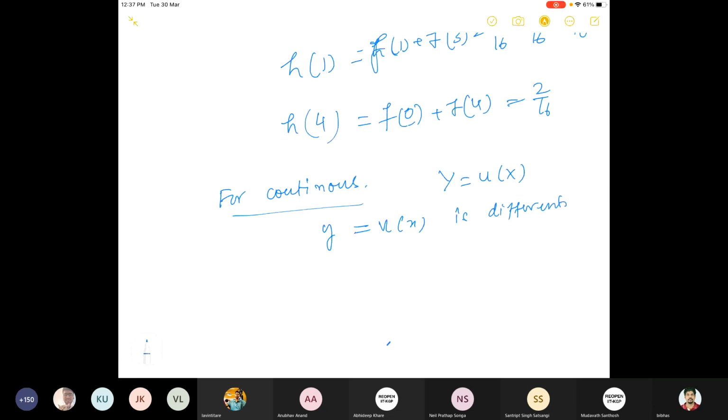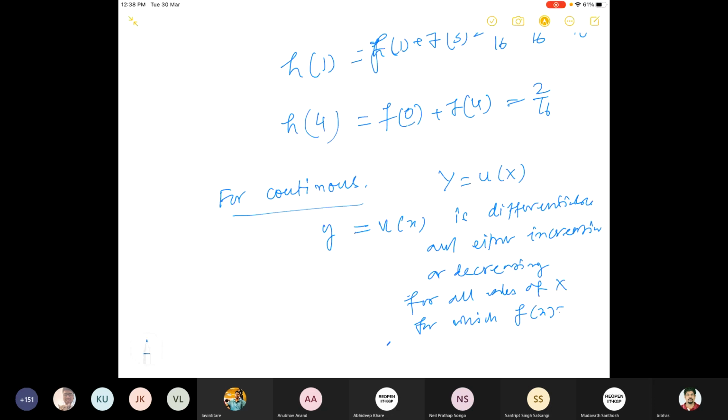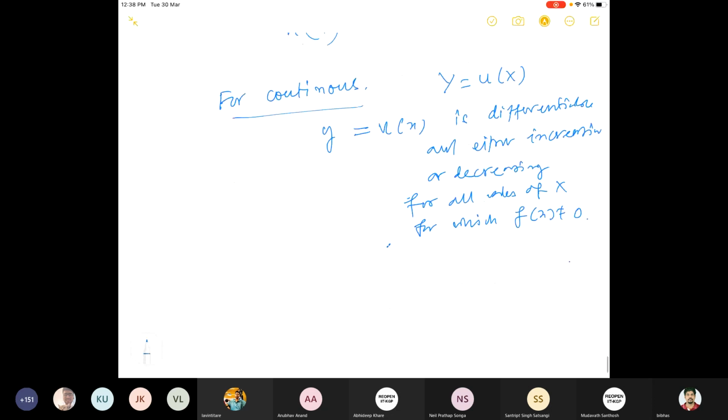So when it is a differentiable function and either increasing or decreasing for all values of x for which f_X(x) is not equal to 0, then what we'll do is from this we'll write x in terms of y.